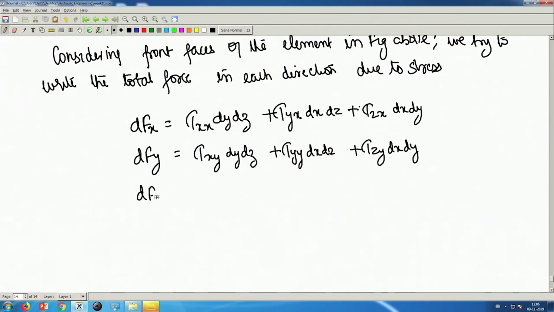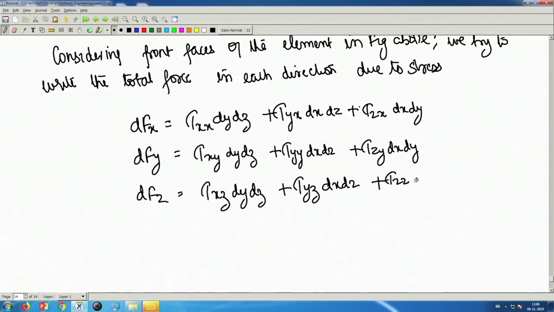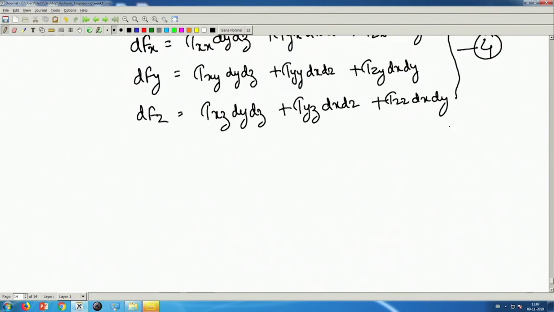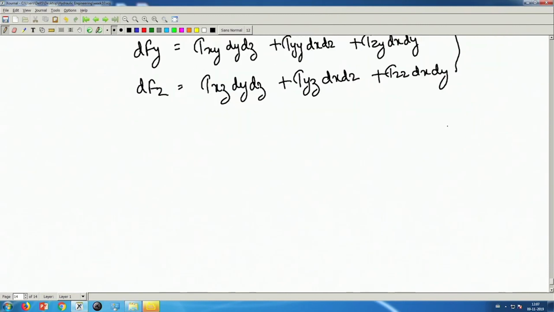And similarly, dfz is written as tau xz into dy dz plus tau yz dx dz plus tau zz into dx dy, and these all three equations we call equation number 4.